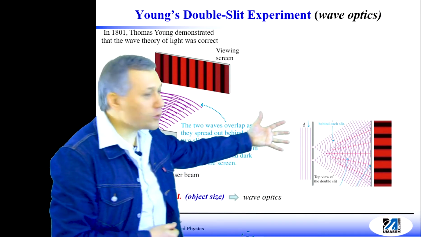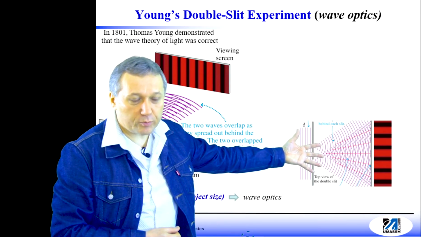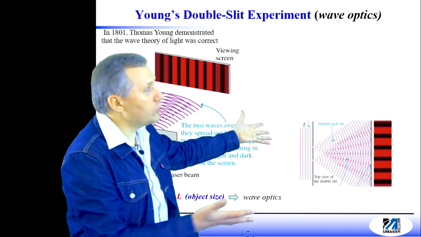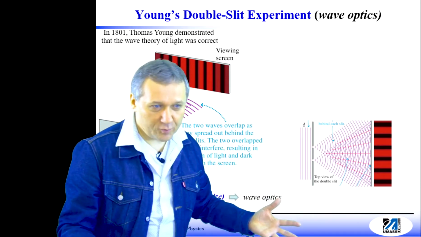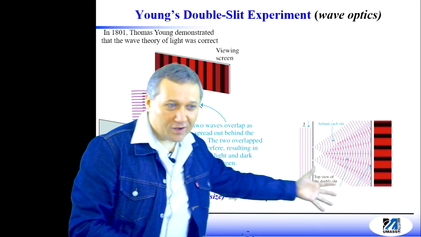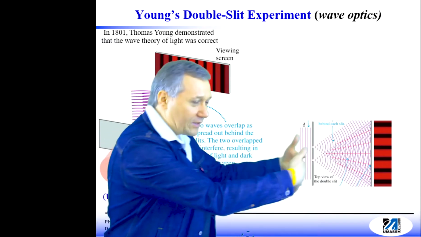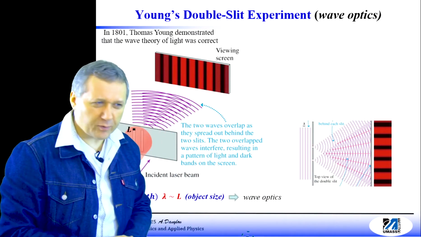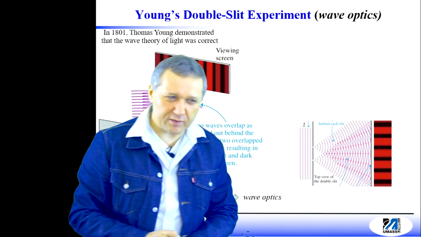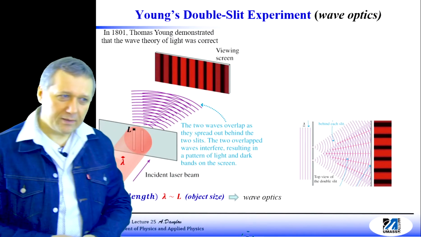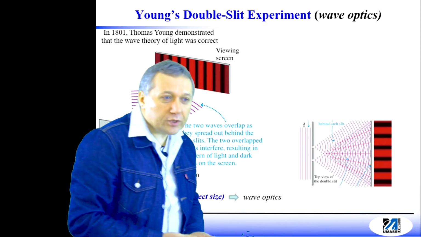Of course, you can try to see those bright and dark spots by using, for example, a fog machine. You can fill this room with fog, and you can see the bright and dark spots. But from the experimental point of view, it's a really lousy setup. So what can be done?